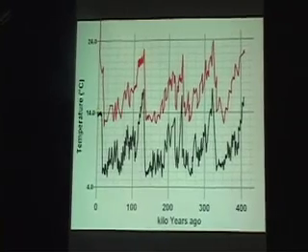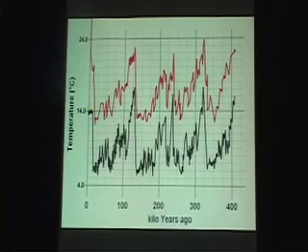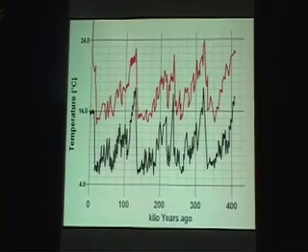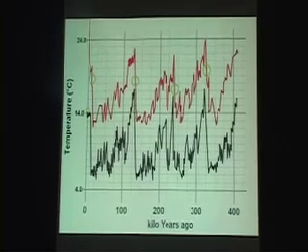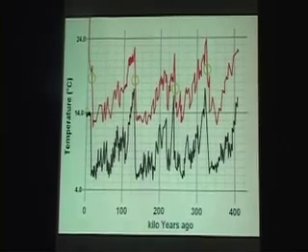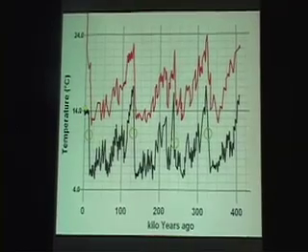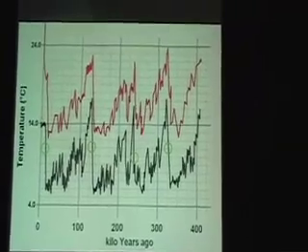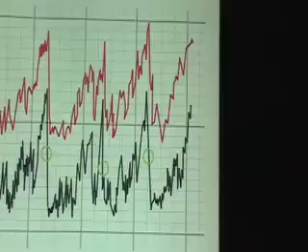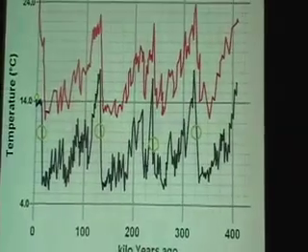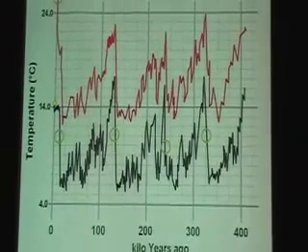Now we know that carbon dioxide is a greenhouse gas. That is not in contention. So you can see here, whenever carbon dioxide levels increase, the temperature increases. There's nothing wrong with that, except that we see here in the last 100 years our carbon dioxide going through the roof.